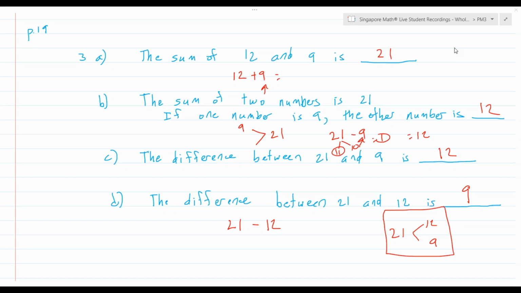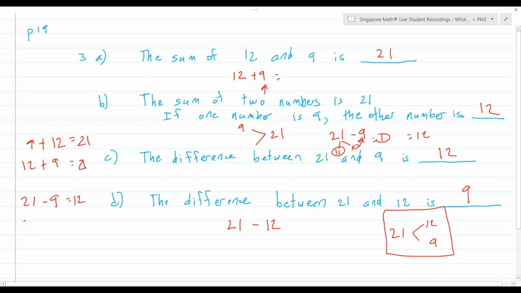Don't ever forget where we came from, right? 9 plus 12 is 21. 12 plus 9 is 21. 21 minus 9 is 12. 21 minus 12 is 9. The difference between 21 and 9 is 12. The difference between 21 and 12 is 9. The sum of 9 and 12 is 21. The sum of 12 and 9 is 21.